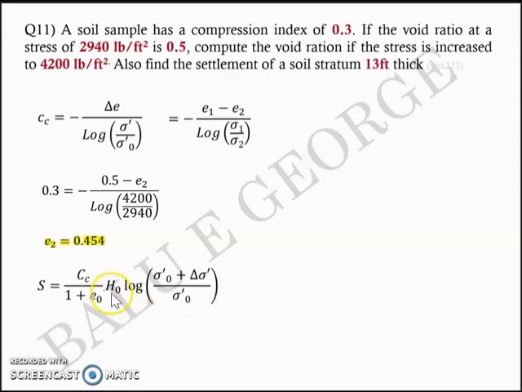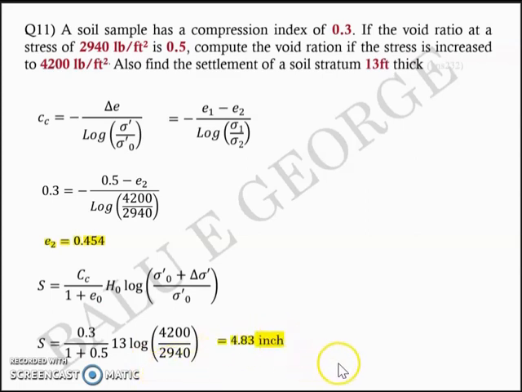H is the thickness of the clay sample, that's 13 feet. Cc is already given in the question. e naught is the initial void ratio 0.5. So you can substitute these values, 0.3 by 1.5 into 13 log 4200 by 2940. And the settlement turns out to be 4.83 inches.